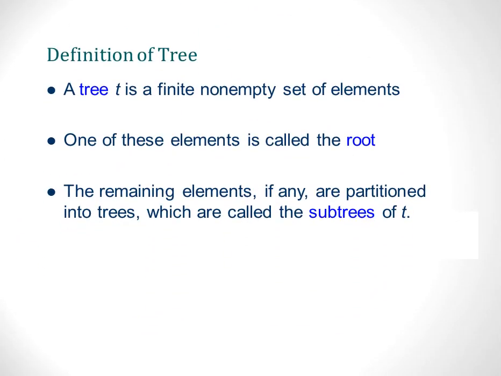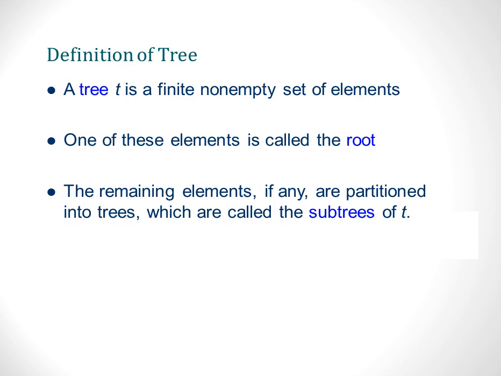A tree can be defined as a finite, non-empty set of elements. As given, it should have a definite number of elements and it should not be empty at any time. The number of elements of a particular tree is counted and the top of the tree is the root node.